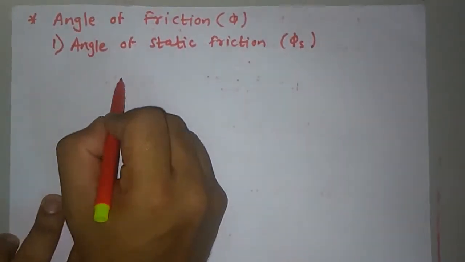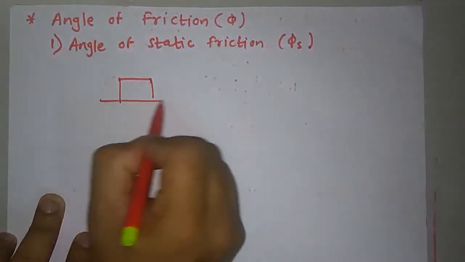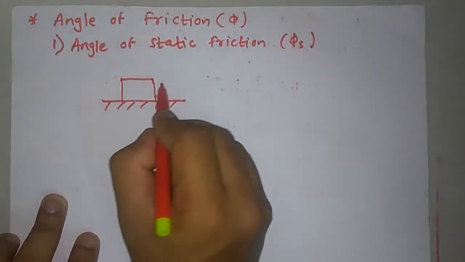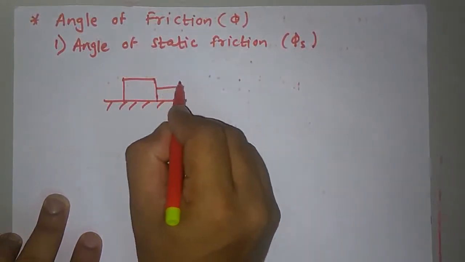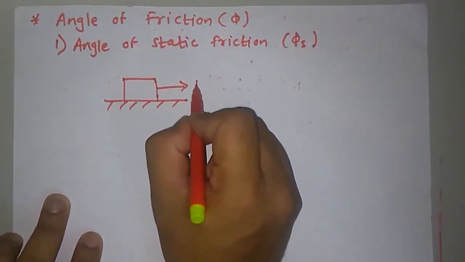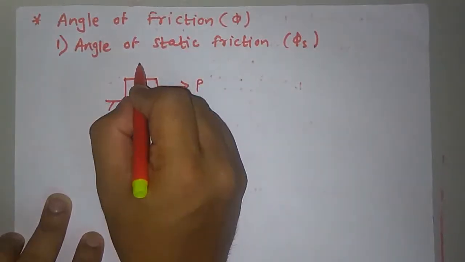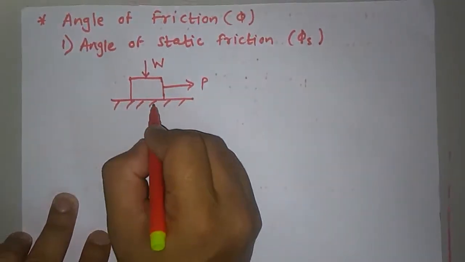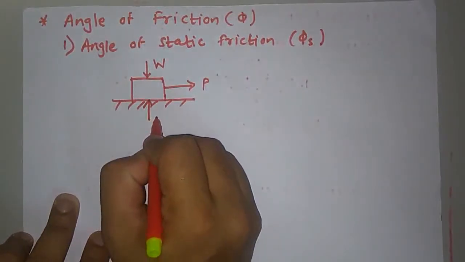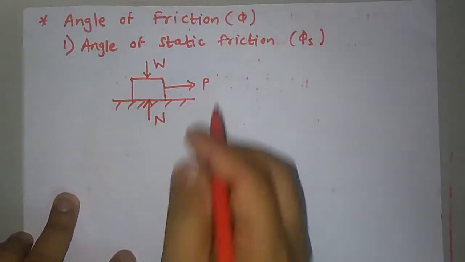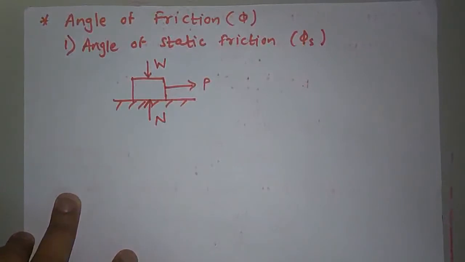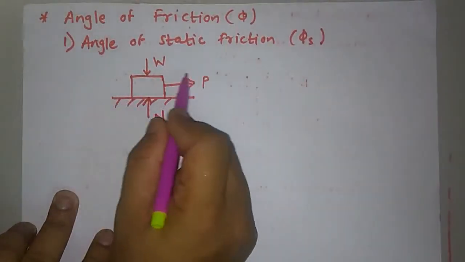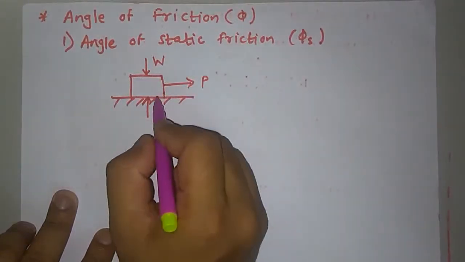Again we will take the same example of block which is resting on a surface. We are pulling this block in this direction with the force P. Its weight W is acting vertically downward, and opposite to that there is a normal reaction. Now we know the friction force always acts opposite to the direction of motion.